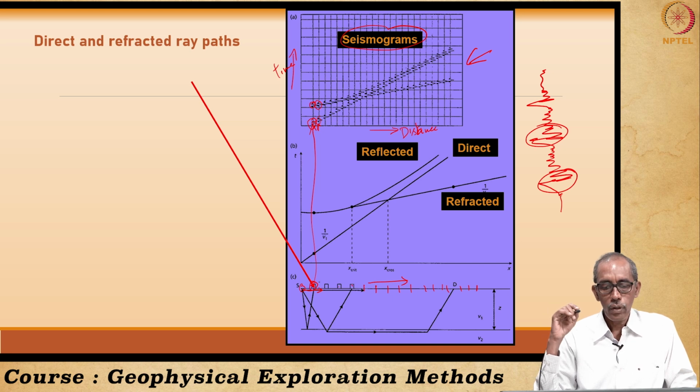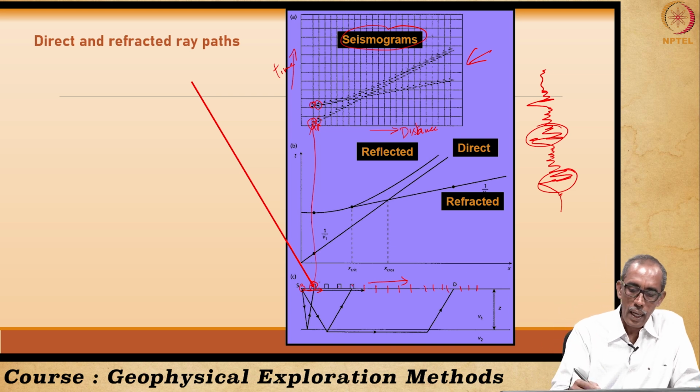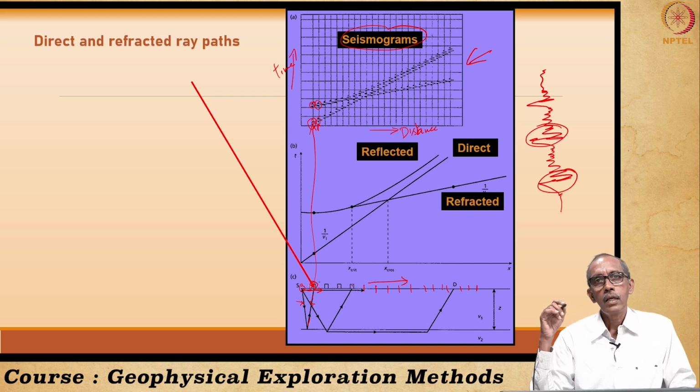So, geophone number 1 received the direct rays first. Then after some time it receives this reflected signal. This is a reflected ray, isn't it? So, this reflected signal is also reaching geophone number 1.